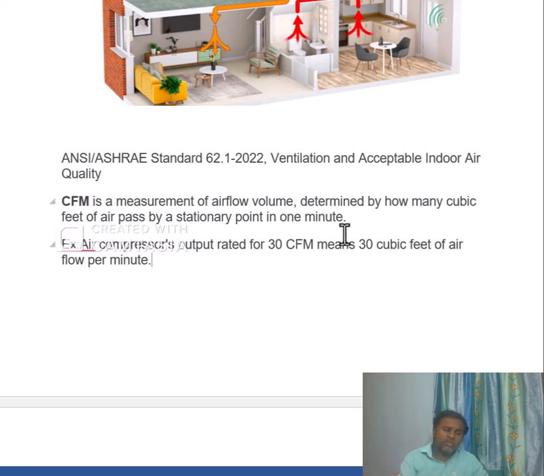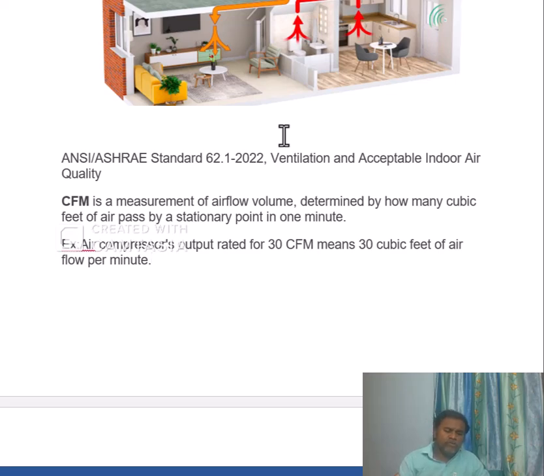So please, guys, try to understand these standards, because in some interviews they may ask what standards are used when you are designing ventilation systems for your house or a factory or any other process areas. So this is the standard, try to remember it.